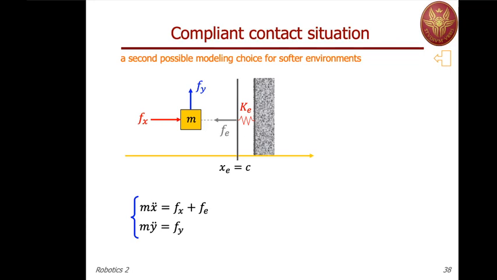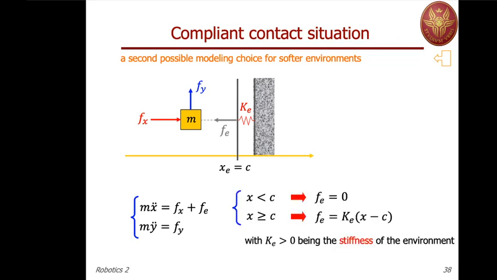But now we assume that the environment is soft, and we model typically this softness by the presence of a spring. It's like having a wall suspended with respect to a fixed wall with a spring of stiffness Ke greater than 0. So in this case, what happens? As long as x is less than c, then the environment force will be 0 acting on the mass, and so we have the free motion.